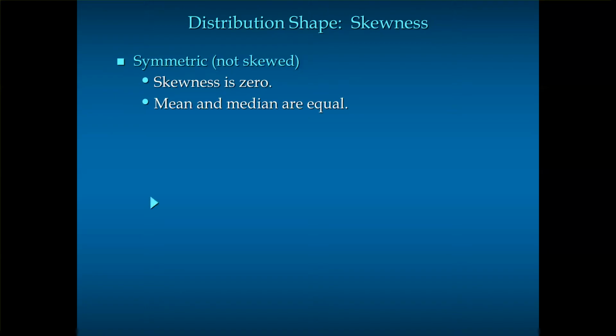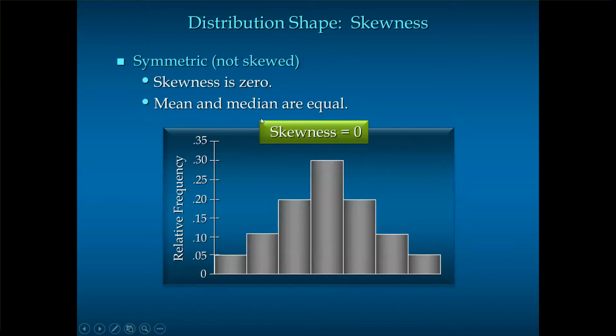What's the relationship between the statistics and the distribution shape? First, the value for the skewness is 0. And the second relationship is that if the distribution is symmetric, we will have mean equal to median.